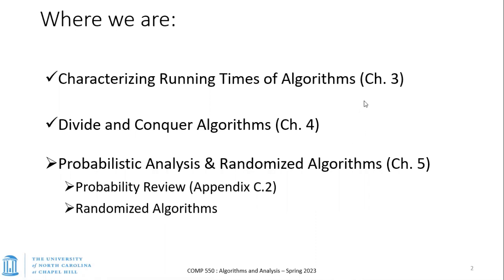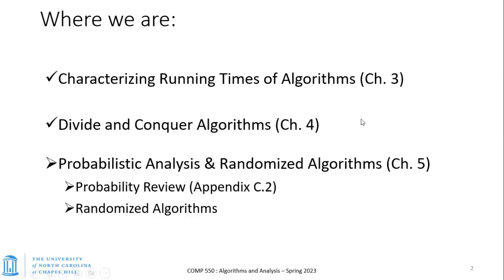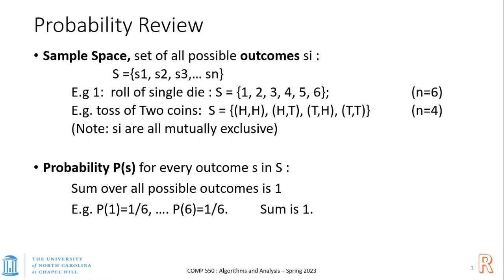So let's go forward. Just towards the end of the last lecture, I think in the last 5 minutes, we were looking at the following slide, which was a review of probability, sample space, and outcomes.